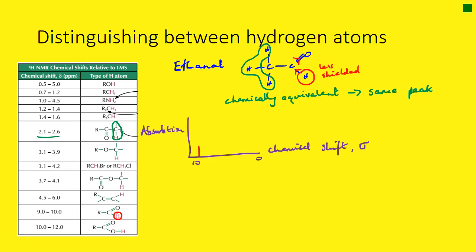So let's say that's 2 there. So we want it just more than 2, so we're going to have a peak here, and I'm going to draw that bigger. I'm going to draw that taller there because of the 3 hydrogens in that chemically equivalent group of hydrogens. So that gives us a taller peak. So that would be the pattern that we'd see for ethanol.